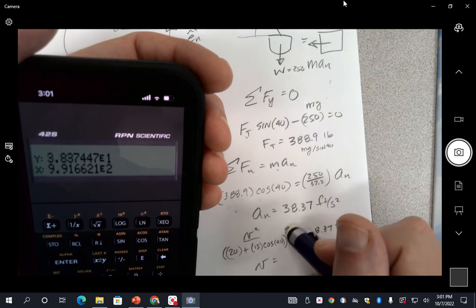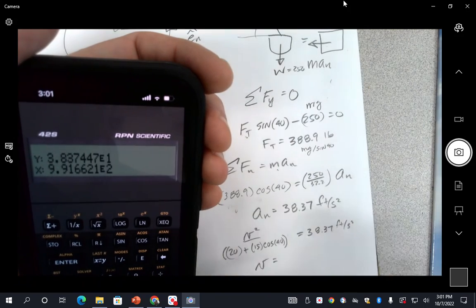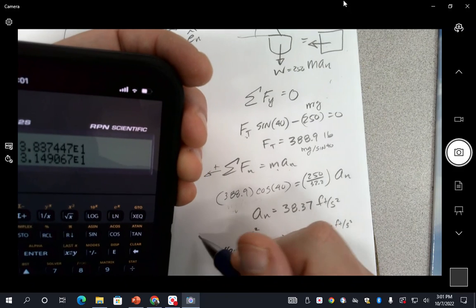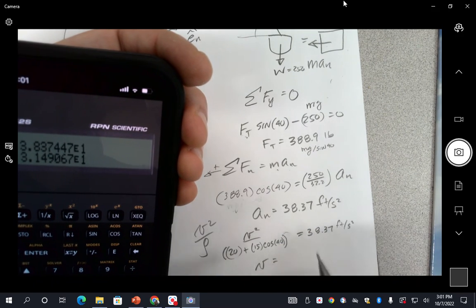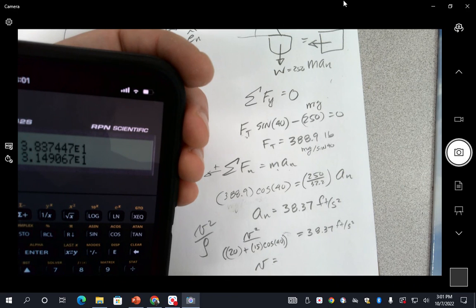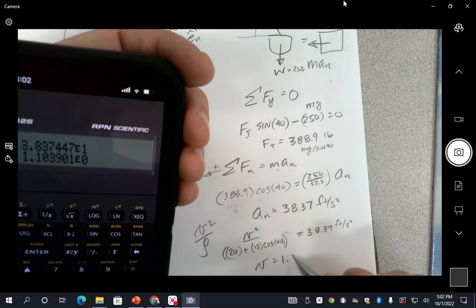No, not squared, sorry. That's not squared, there's no reason that'd be squared, because that's v squared over rho. So I get 1.104 feet per second from that.